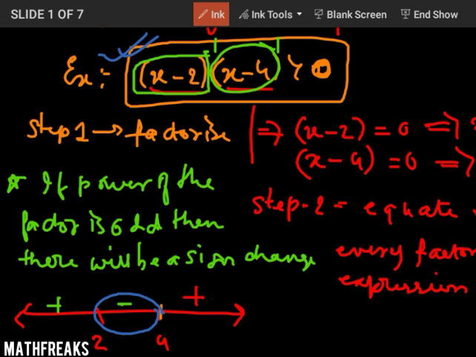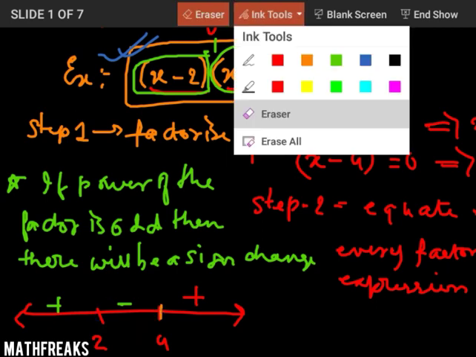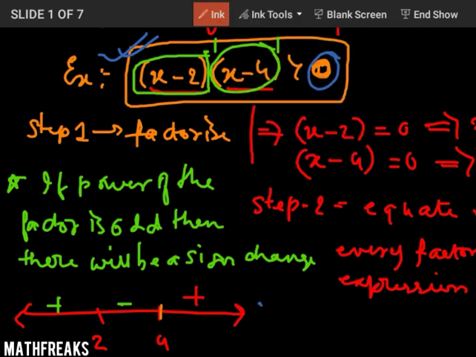So since it is greater than 0, we have to take the positive region. So in our number line, the positive region is from plus 4 to infinity, and from minus infinity to plus 2. So this is the positive region, and this is the positive region, and if we take any value in these two regions, then it will satisfy our inequality.